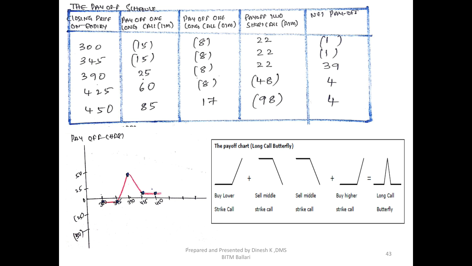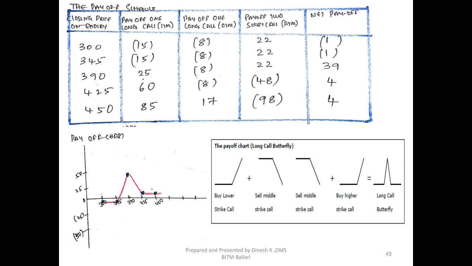Now let's look at the payoff of this strategy, the long call butterfly spread strategy. Column 2 is the payoff of a long on a call in the money, that is for 350. I have a right to buy for 350. If the current market price is 300, I will not execute and I will limit my losses to 15.